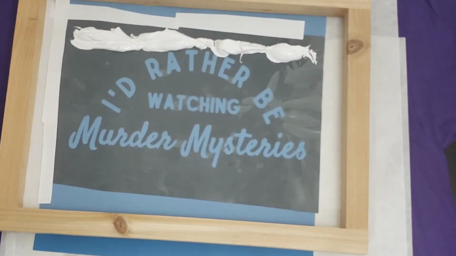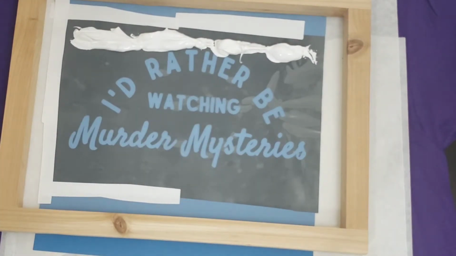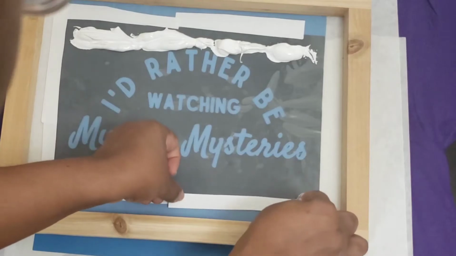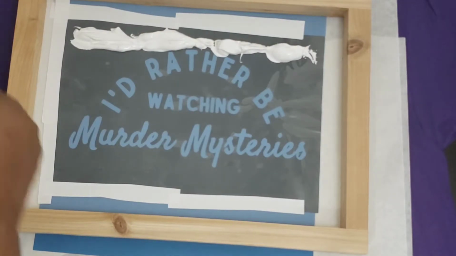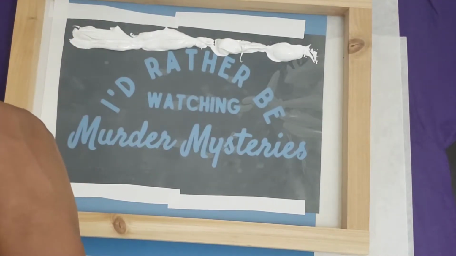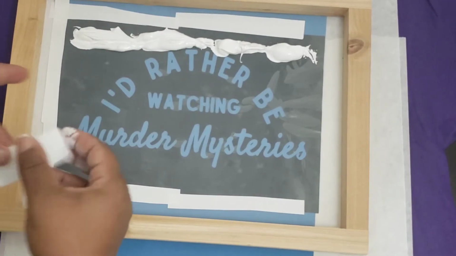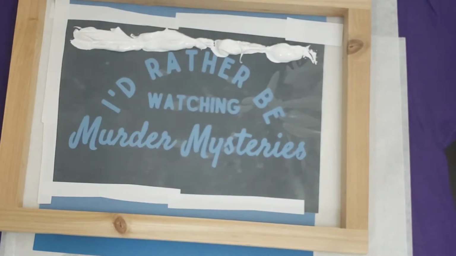So I'm just gonna put these pieces of label around the sides where I don't want the paint to get, and I'm gonna try to be extra careful and not get any paint past these areas, and then we'll see how that goes. But I'm not very optimistic about this one, just from the way that vinyl did when I was first trying to even weed it, and it was a whole mess.